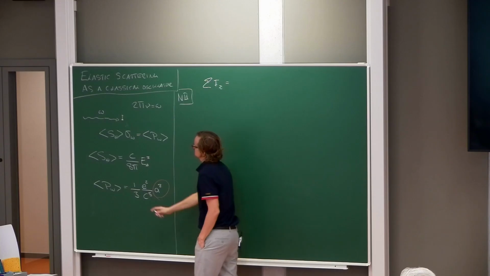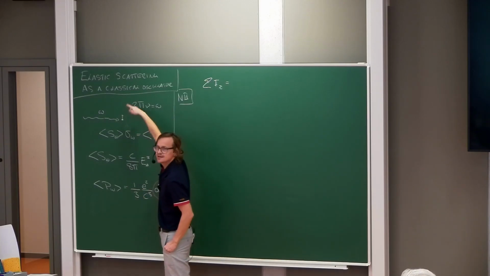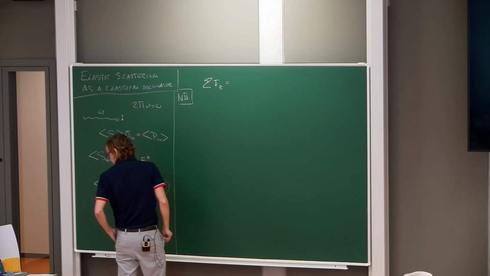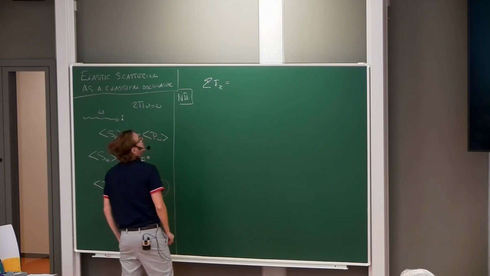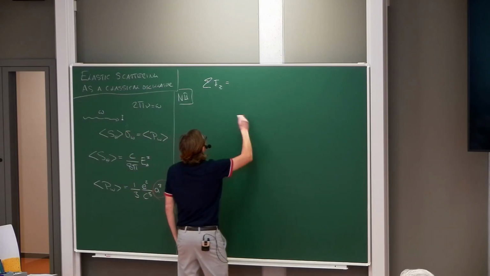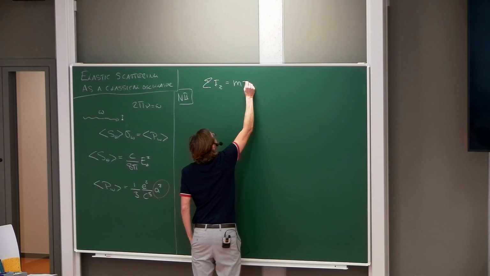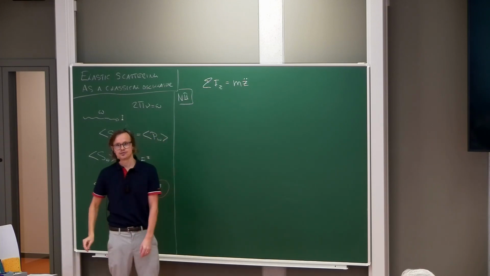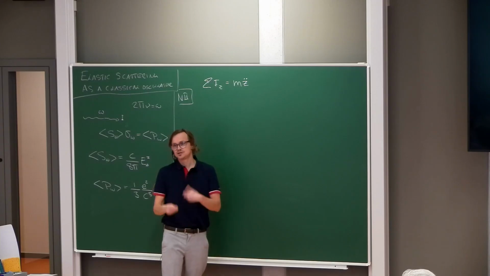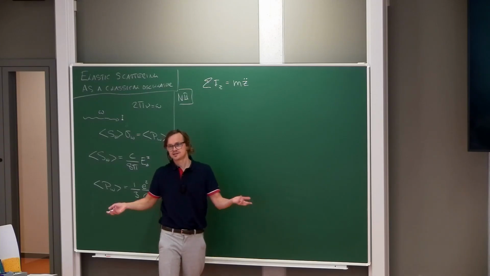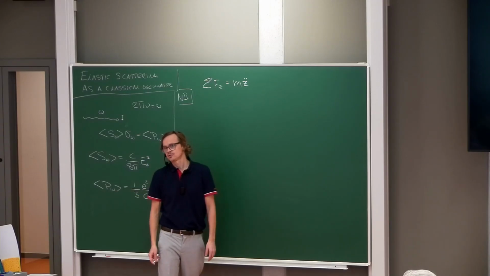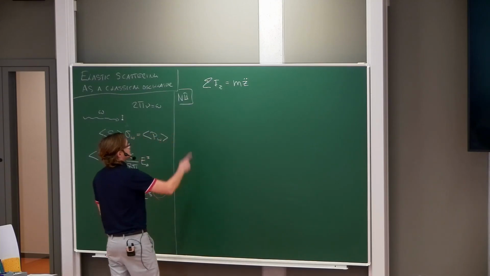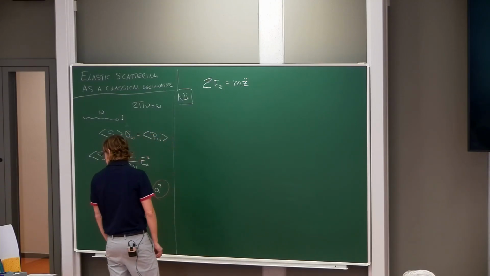Sum over forces, we're going to put it in the z direction, equals the mass times the acceleration, which I today will write as z double dot. So this is just d2z over dt2. It's just a way of writing the second time derivative. Familiar to you from calculus and your Mechanics A.